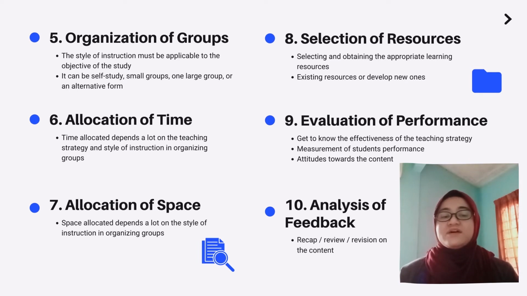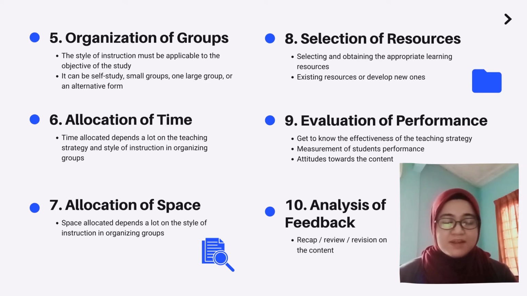And after considering the allocation of time, you need to consider the allocation of space, meaning that if you provide your students a task where they need to work in a small group and the time is only 20 minutes, you need to allocate the perfect space.